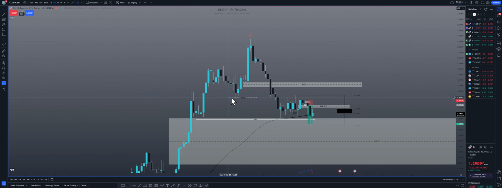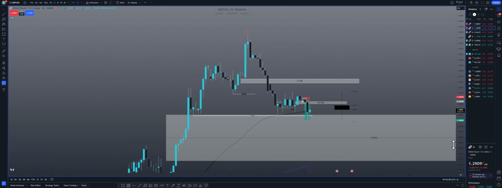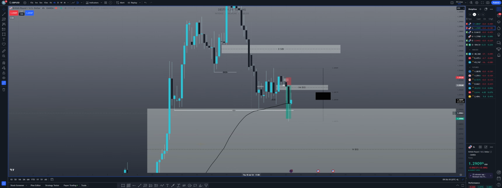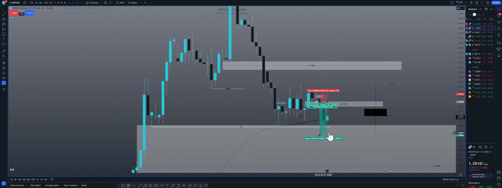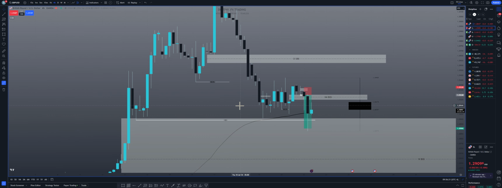So this one looks much clearer on the H4, and we can see that this is our weekly BC, this gray area. So my thought process was that we will trade down to this weekly BC and then probably look for some long setups.